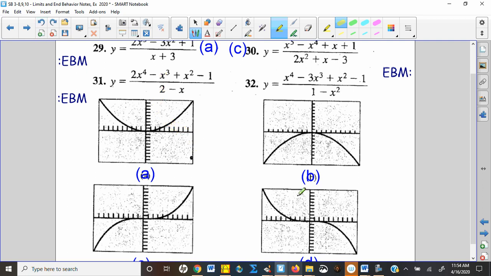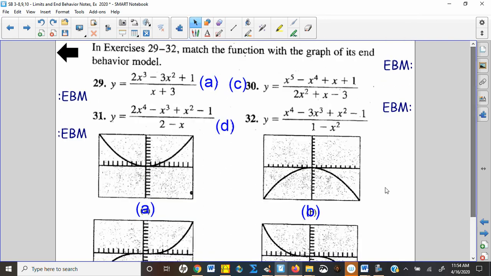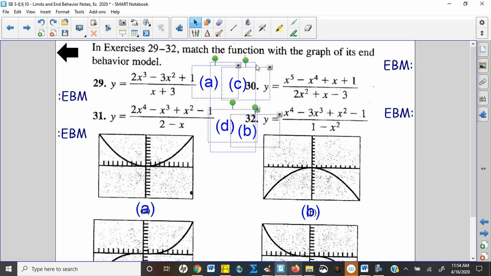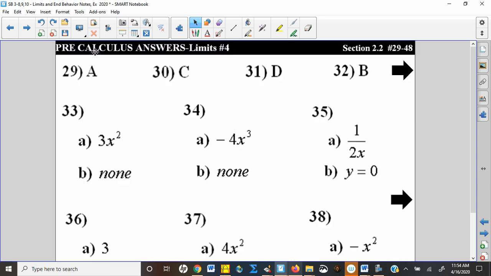And looks like that up down end behavior is D. And by process of elimination, I guess you don't really have to do 32 to get B. However, if you did, you would find that x to the fourth over negative x squared, right, is negative x squared. And so it would behave like a negative parabola, which is what B did. So there you go. Hopefully that makes sense. It seemed more like review than new material.